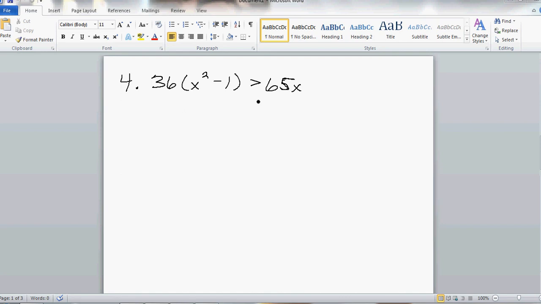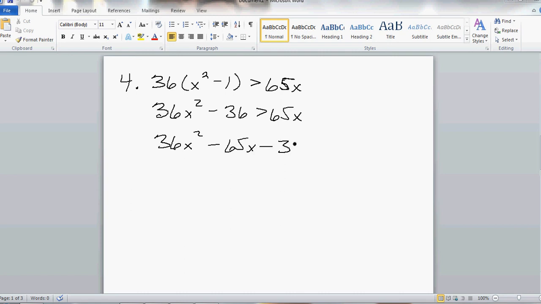So the first thing we're going to do is distribute this 36, and then we're going to subtract 65x. And so we are to the point where we can actually do something here.